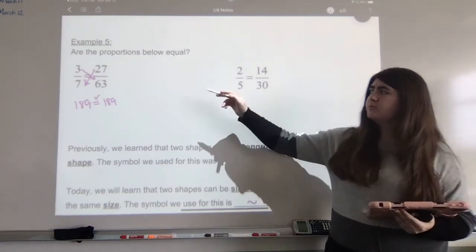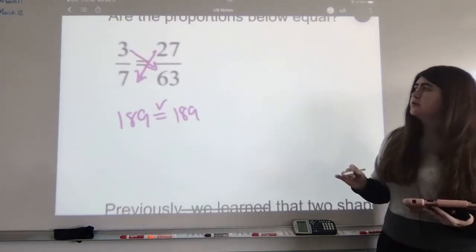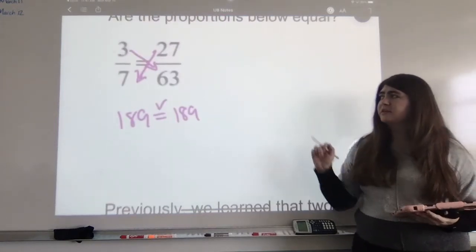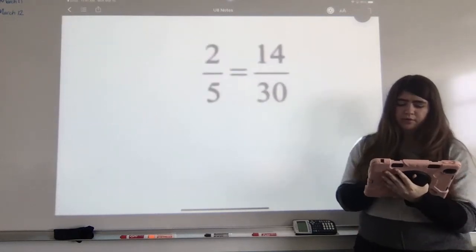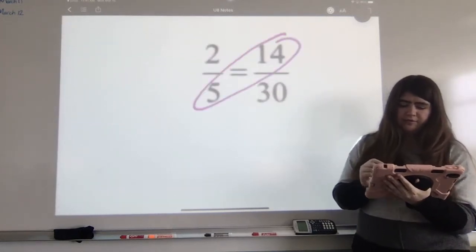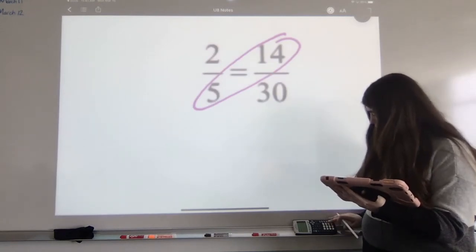So I always do my proportions, my cross products, using arrows like this, but I know a lot of people call this the butterfly method and they circle instead. That is a valid option. We'll do that over here. So I have 5 times 14, which is equal to 70.